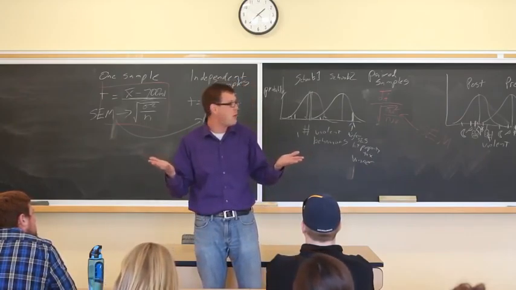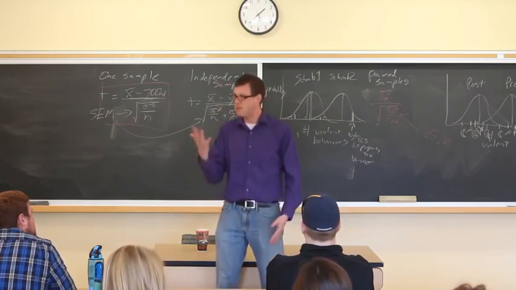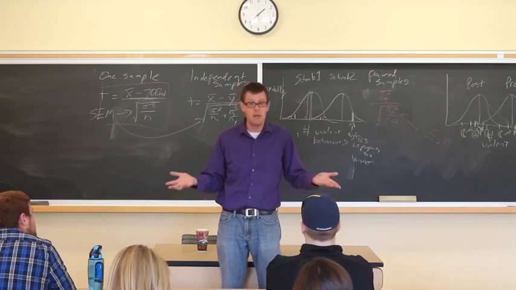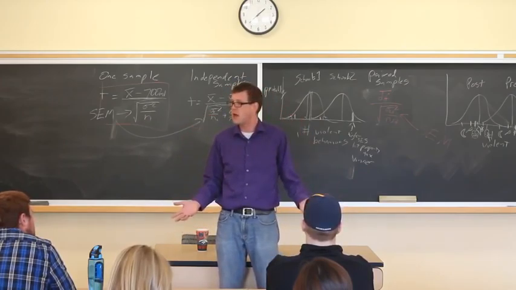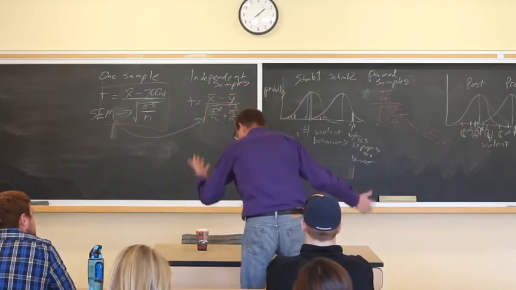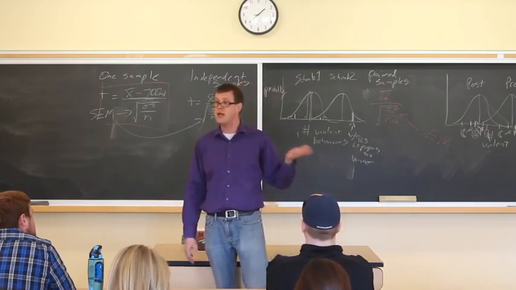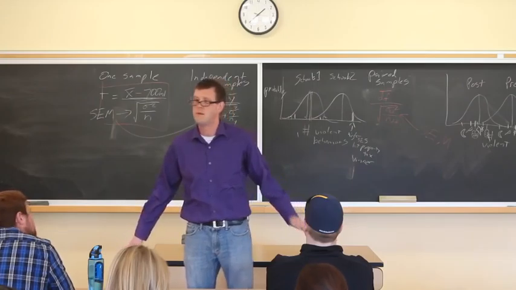So in figuring out whether people can tell the difference between weights, I have people lift weights and indicate yes or no. Is that a good way to see if people can tell the difference? Yeah, that's a great way, right? High construct validity, but if I have everyone lift the lighter weight or the heavier weight with the same hand, boom, all my internal validity is out the window.